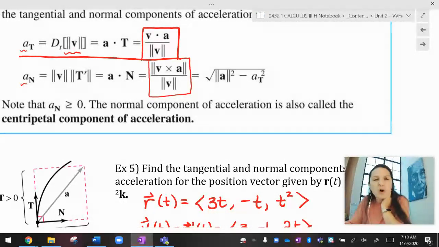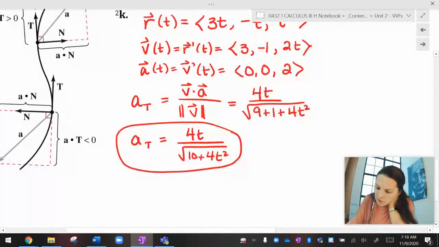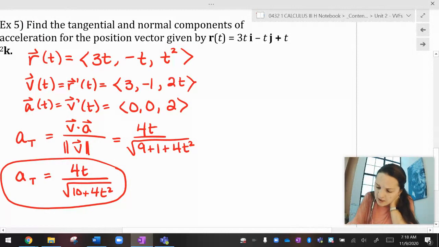I'm going to do the v cross a and kind of stick with our format that we've got going right now. So I need to do v cross a, and since these are stacked right here, I'm going to figure out v cross a right over here. So v cross a is going to be -2 minus 0, and then 6 minus 0, and then 0 minus 0.